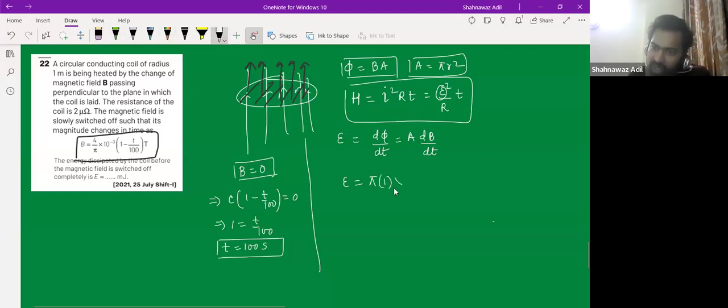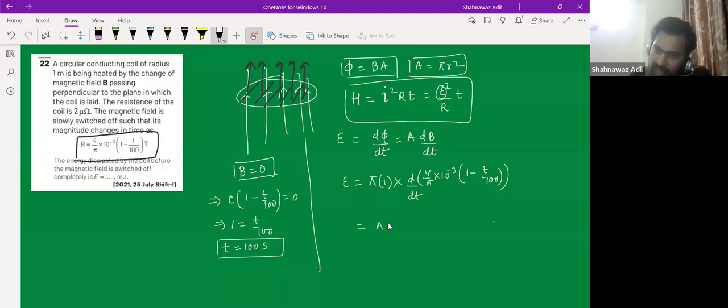Then d by dt of this whole function: 4 by pi times 10 to the power minus 3 times 1 minus t by 100. This is constant, it will come outside.